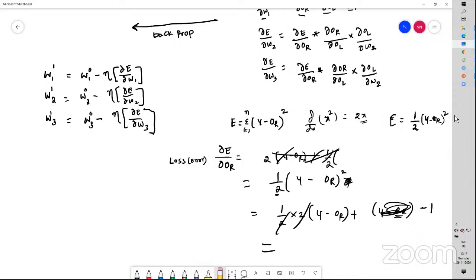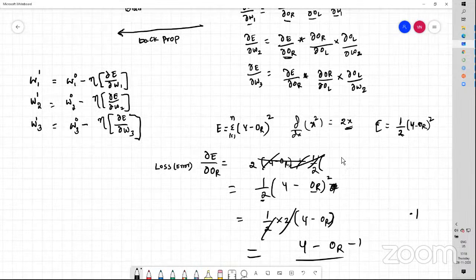After a long time, I am trying to derive something, and I forgot all the rules of derivation. That's okay. This is the derivative of x square, which is 2x, then we derive the inner part, which is just minus 1. So this is just going to be y minus OR times minus 1. That's okay. This is the derivative of this particular part.